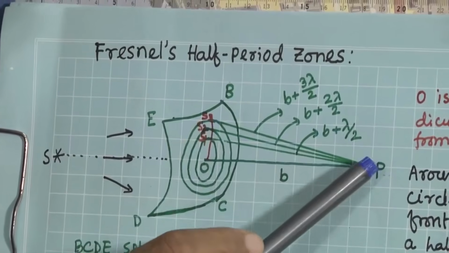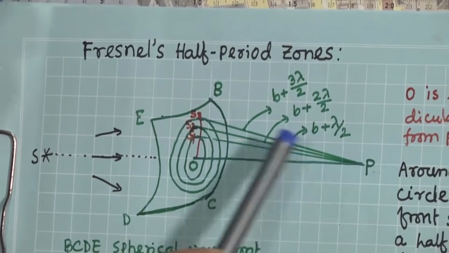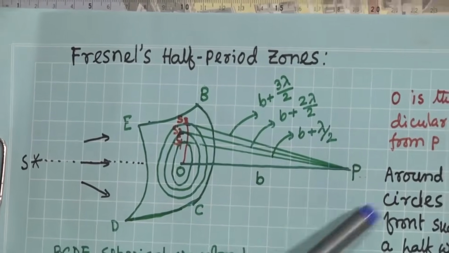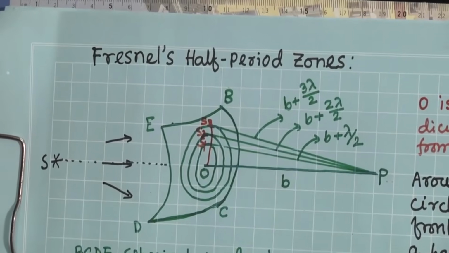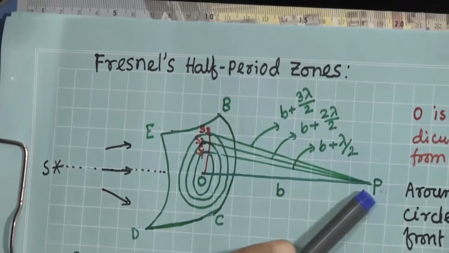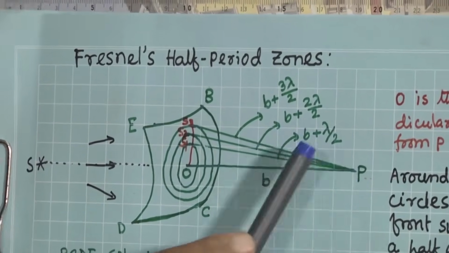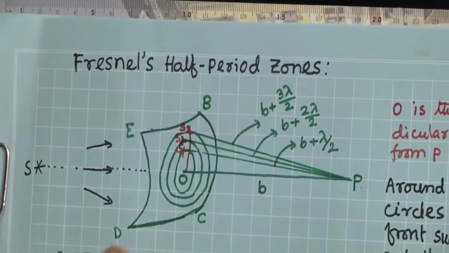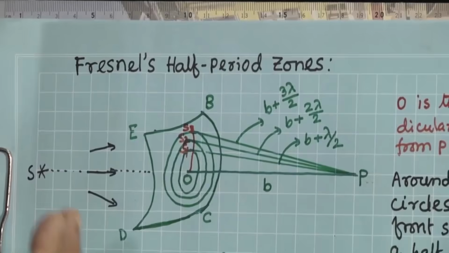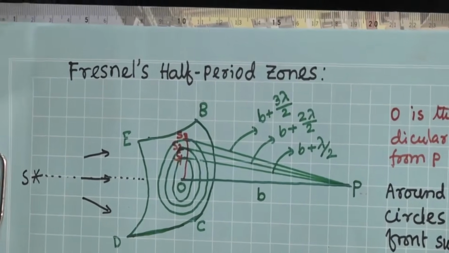So, if two lights are coming in opposite phase, obviously they will cancel each other, and you will not find any resultant light here. If they come in phase, that will increase the intensity of light. If they come in opposite phase, they will destroy each other, right.